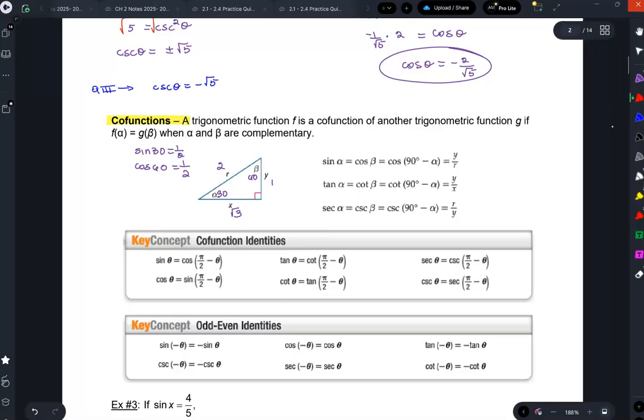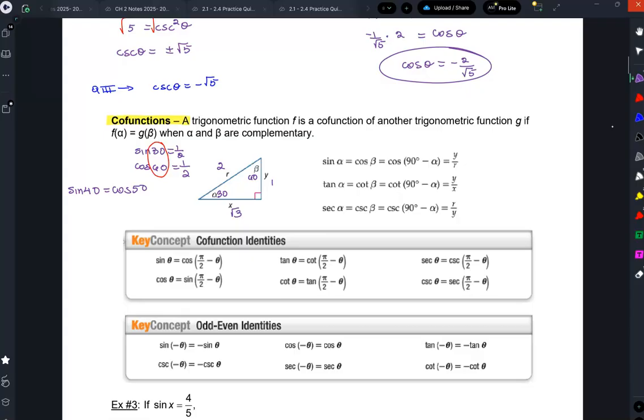For any right triangle, when two angles are complementary, their cofunctions are the same. So 30 and 60 make 90, correct? That means sine and cosine of those two will be equal. Tangent and cotangent of those two will be equal. Let's put it another way. If I have sine of 40, the cofunction of sine is cosine, so it'll be the same as the cosine of the complement, which is how much? 50.